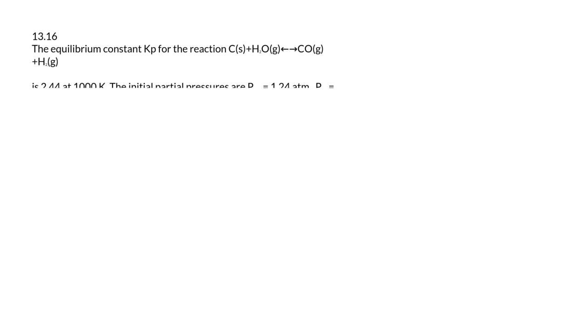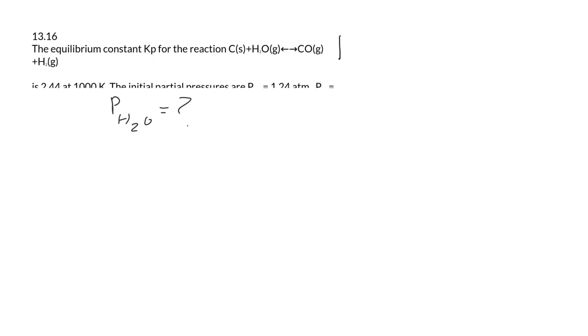All right. This question wants to know what the equilibrium pressure is of, we'll go with water to begin with. So now we need to solve. And to do this, we're going to set up our equilibrium constant.